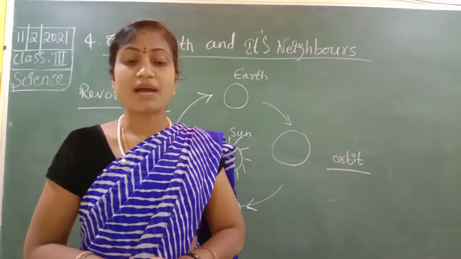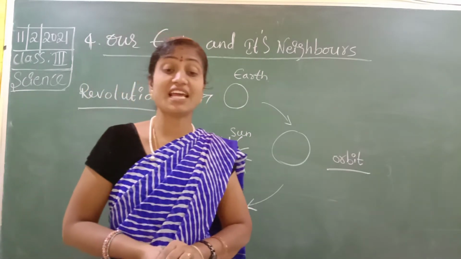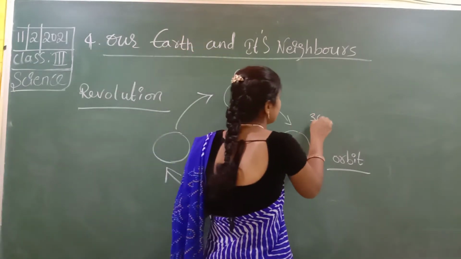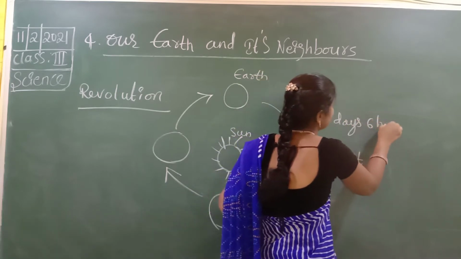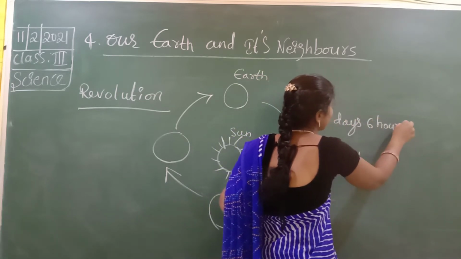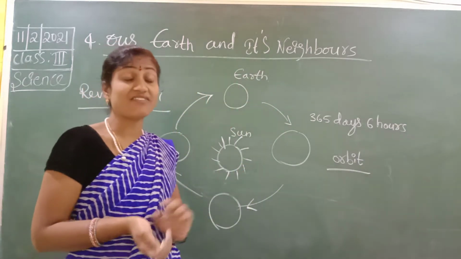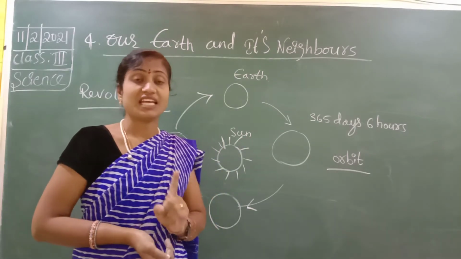The time taken by the Earth to complete the revolution: how much time will it take? 365 days and 6 hours. It will take one revolution. So when it takes 365 days and 6 hours, that is called 1 year.